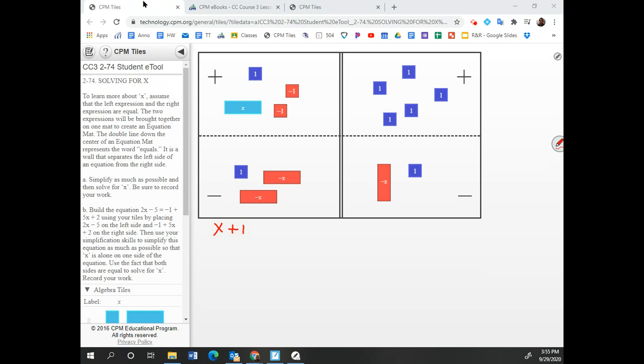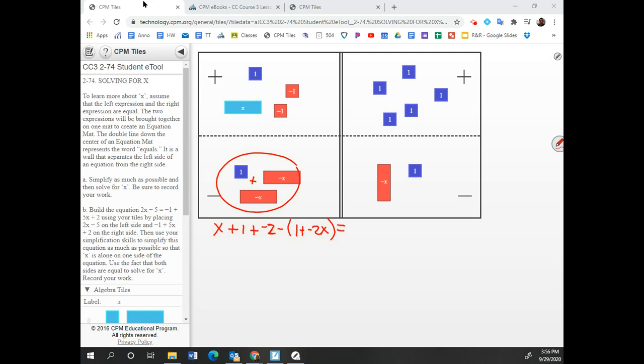So we had x plus 1 plus negative 2 minus parentheses 1 plus negative 2x. Well, that's written horribly. I'm sorry. Let me see if I can fix that. 2 minus parentheses 1 plus negative 2x.